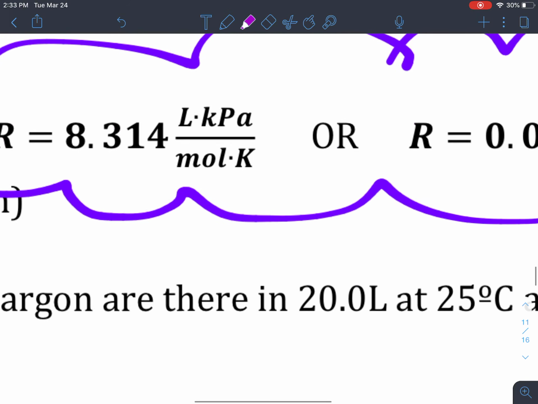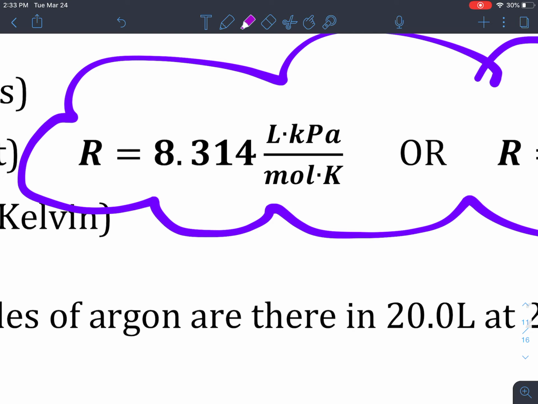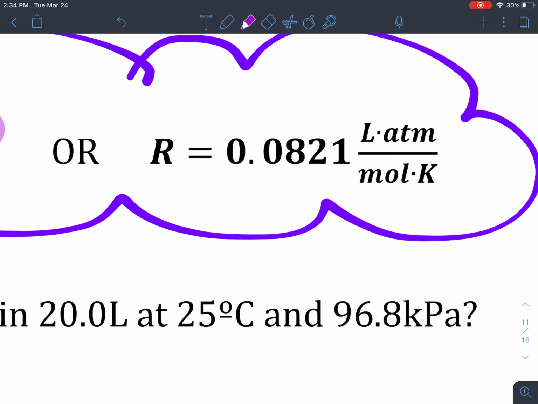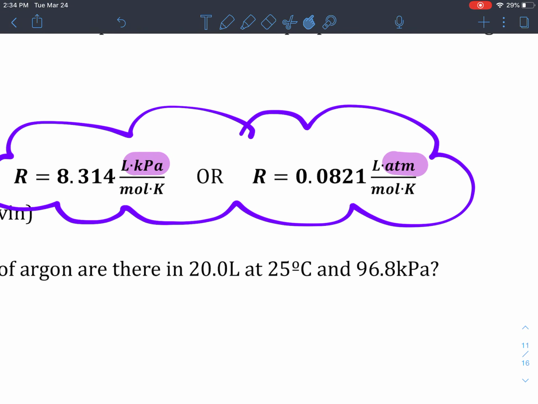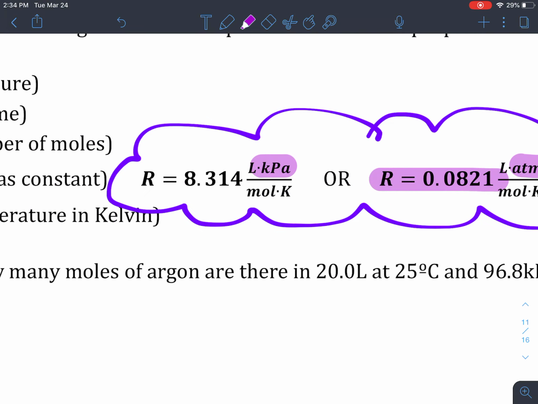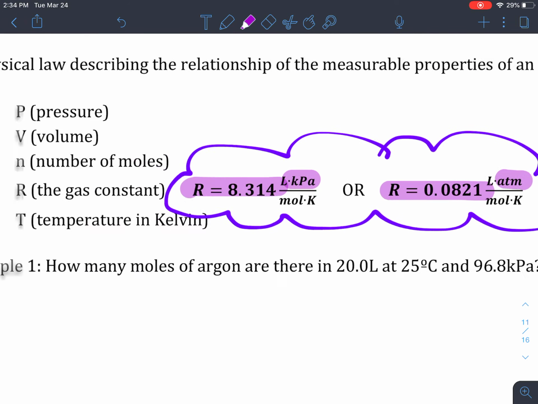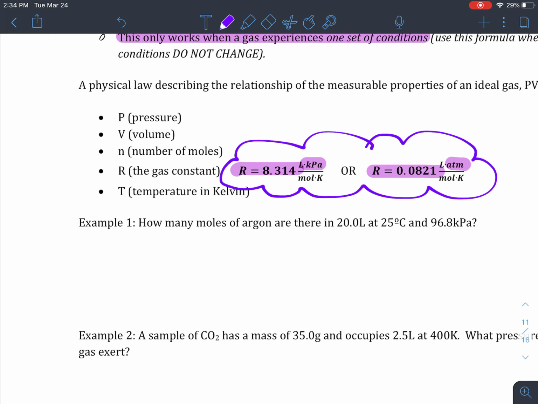We are going to use 8.314 if our pressure is in kPa, and we will use 0.0821 if our pressure is in atmospheres. If I give you any other pressure, like millimeters of mercury or torr, you do need to convert it to one of these two in order to use R as 0.0821 or R as 8.314. So just keep that in mind. We're going to work through a couple of these together.